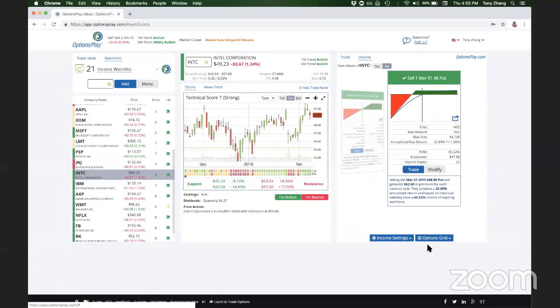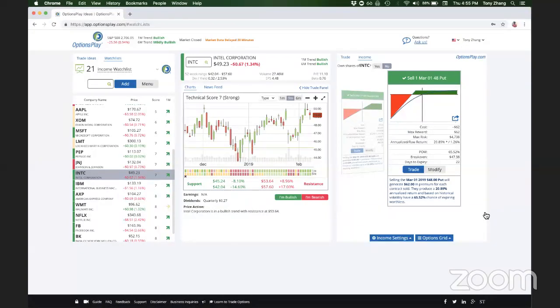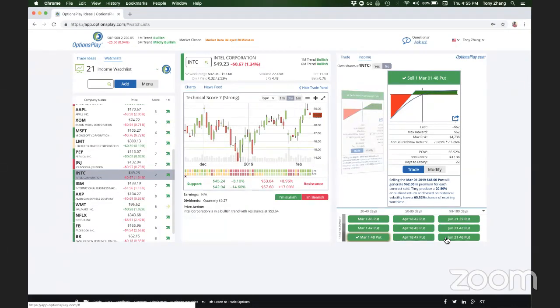And lastly, if you want to make minor adjustments, which some of you may do, if let's say for a particular stock you're not as aggressive, or you want to get more aggressive on a particular stock, instead of having to pull up the full option chain to look at the whole universe, we give you what's called an options grid. So we show you different opportunities, so different expiration dates, different strike prices, but showing you in a limited universe.